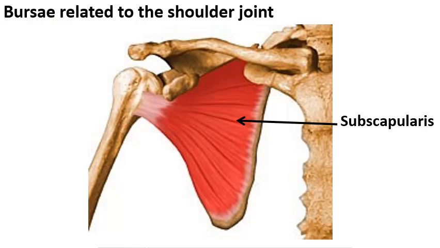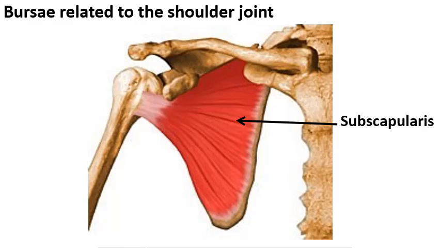What is meant by a bursa? A bursa is a sac of serous membrane which is present between a tendon and the capsule of the joint. As you see in this picture, you can see a muscle called the subscapularis muscle. It is attached anteriorly to the scapula, and you can see that its tendon, the white part of it, passes in front of the shoulder joint to be inserted into the humerus.